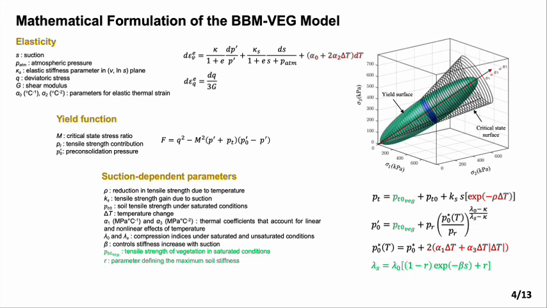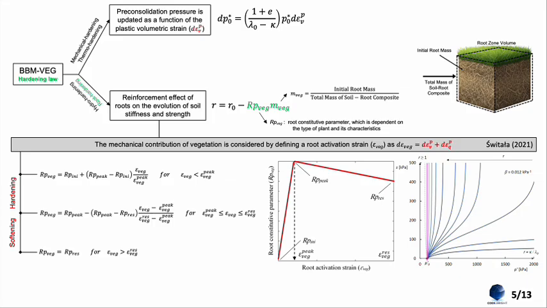For simulating vegetation, we focus on the behavior of the parameter R, and for this behavior it is necessary to consider the hardening. In the previous BBM model, the hardening was only related to the mechanical part, but when it comes to vegetation, it is important to relate the hardening behavior to the root behavior.